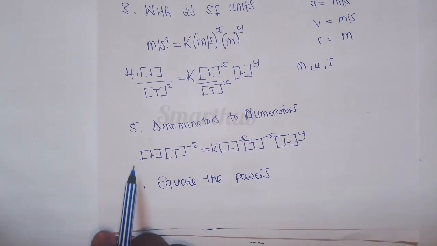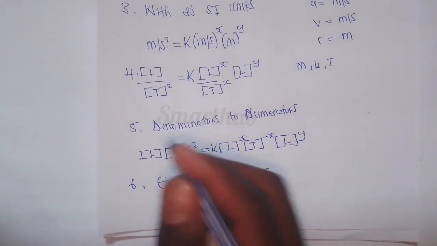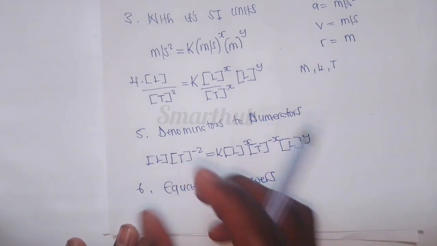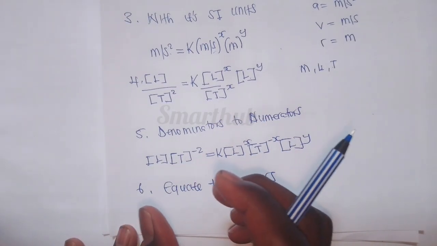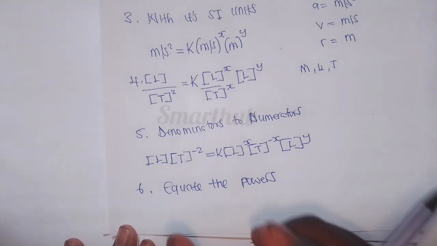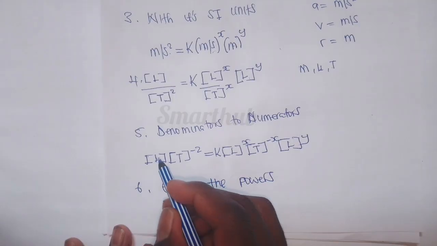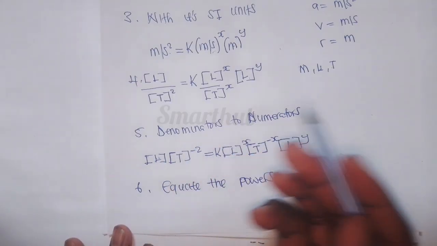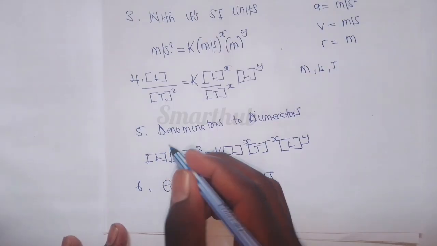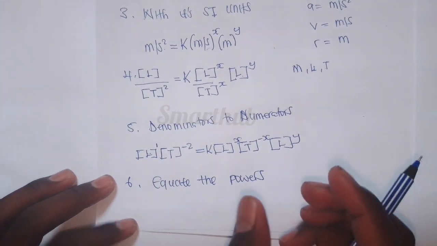So if it has no power, meaning it has a 1 here, remember, we don't just write ones, because the 1 has no impact on any number. Any number to the power 1, there will be no change. That's why it is left. But let me just include it here so that we equate well.